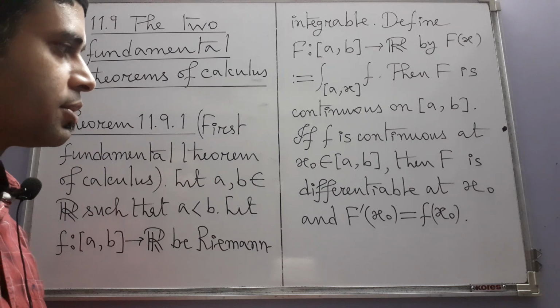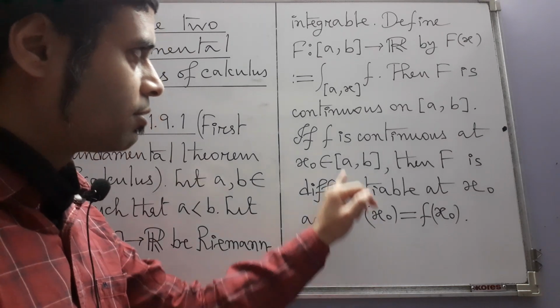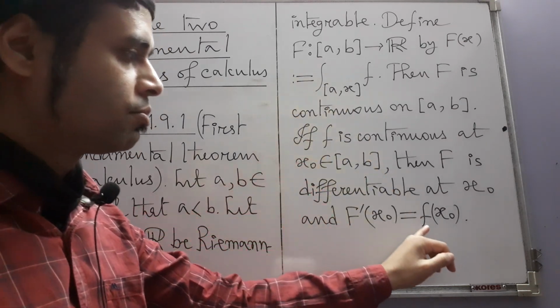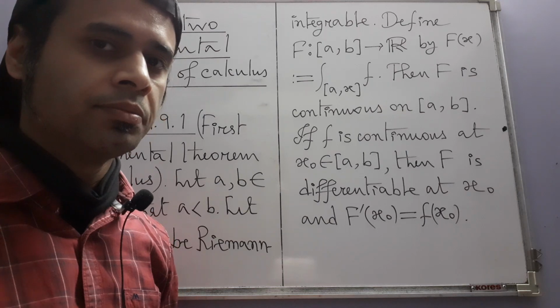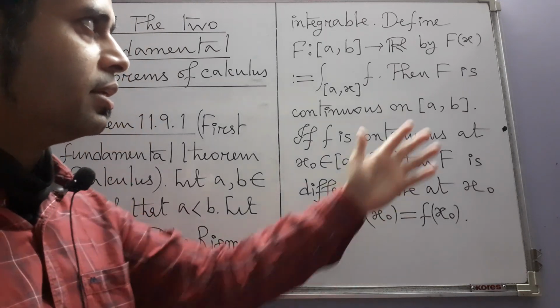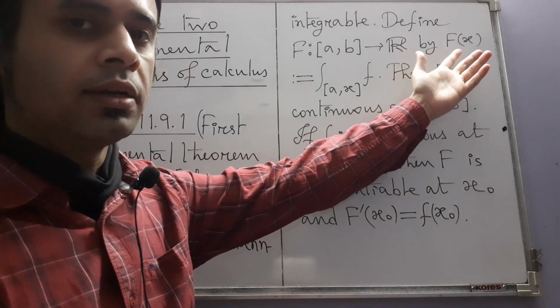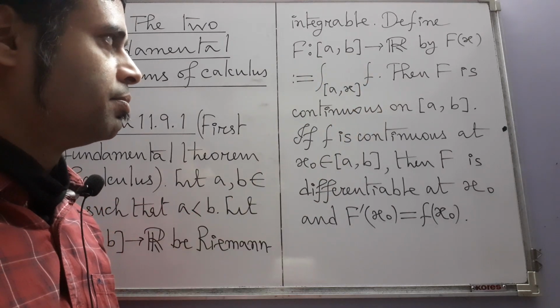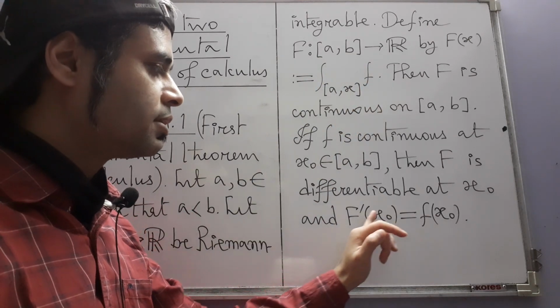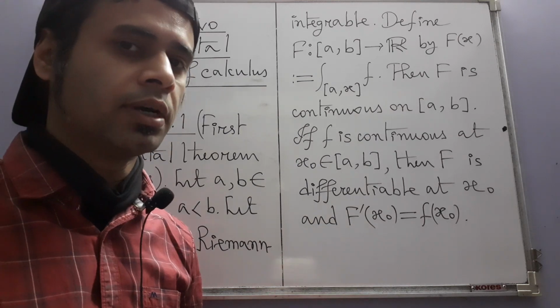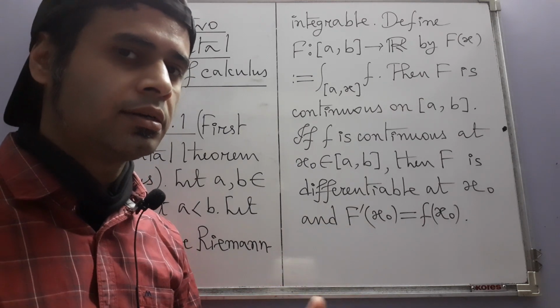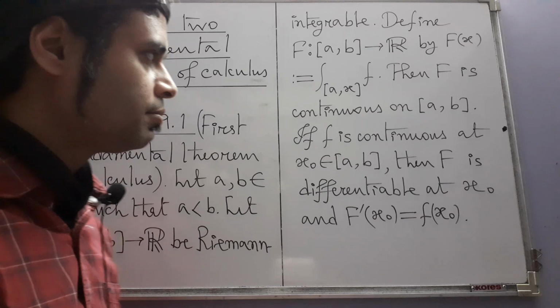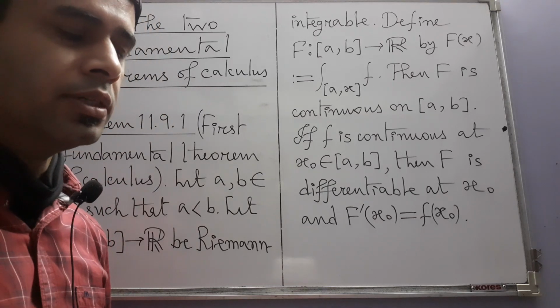It relates the derivative of that second function with the original function. Originally, the second function F is in a sense the integral of the first function. So the first function is in a sense the derivative of the second function. So these are opposite.